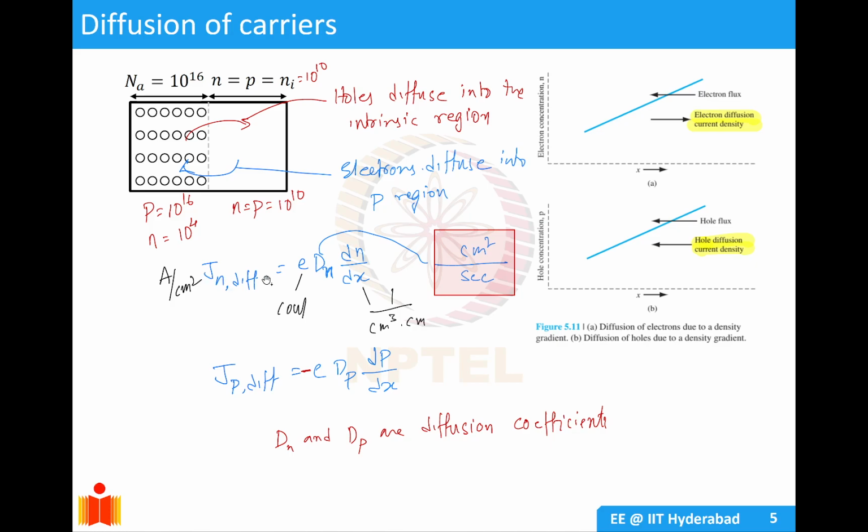So this is the calculation of diffusion current density. J diffusion for electrons will be e Dn del n by del x, and for holes it will be minus e Dp del p by del x, where Dn and Dp are diffusion constants.